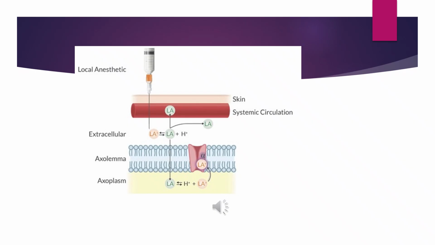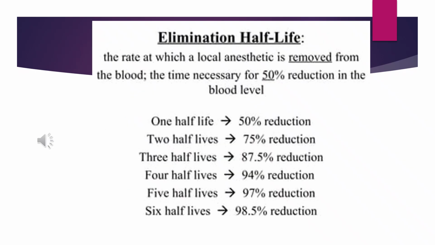So highly perfused organs like brain, head, kidney, liver, lung, spleen will have higher anesthetic blood levels than less perfused organs. And skeletal muscle contains a greater percentage of the local anesthetic because of the large mass of the tissue in the body. The blood level of local anesthetic is influenced by the rate at which the drug is absorbed into the cardiovascular system. Second, the rate of distribution of the drug from the vascular compartment to the tissues.